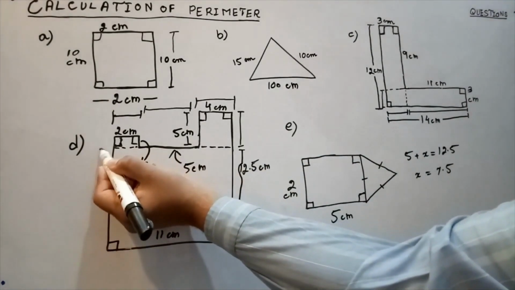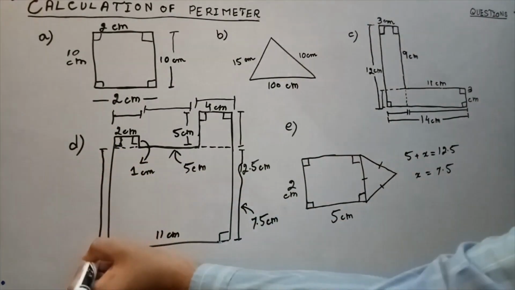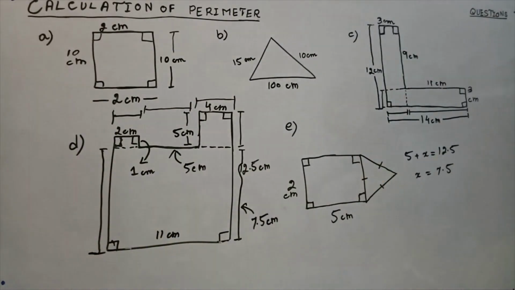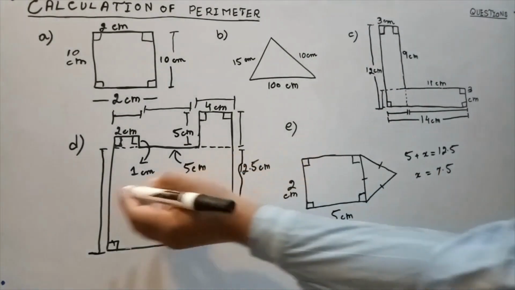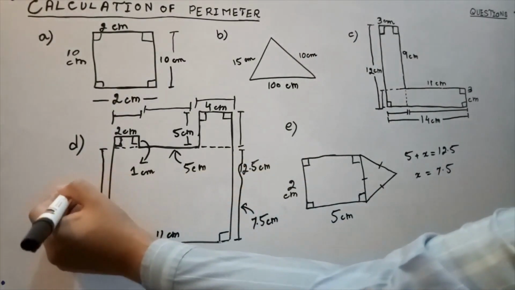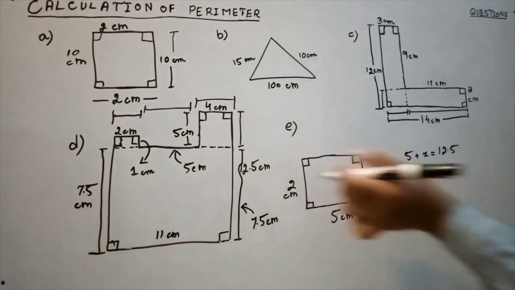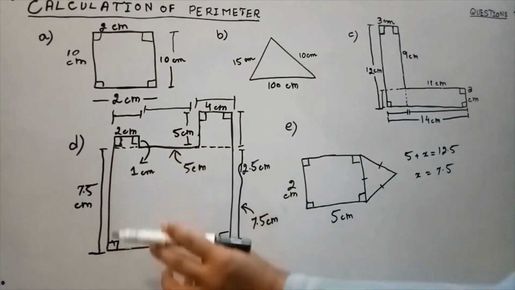So from here to here we have 7.5 centimeters. Clear?